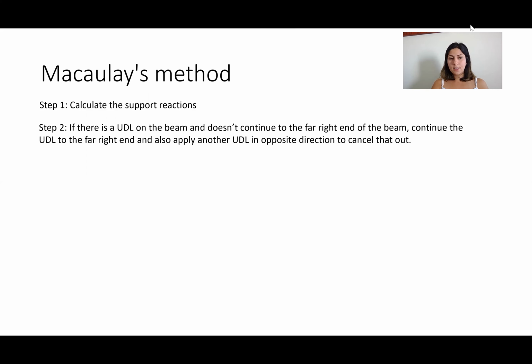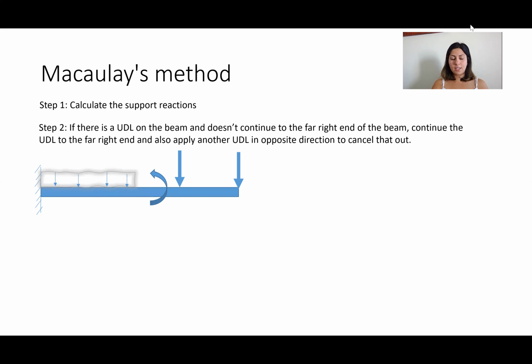The second step is just assume we have this beam with different loadings, and you have UDL loading somewhere on the beam. It can be starting from the beginning, or it can start from the middle of the beam, or it can be at the end of the beam.